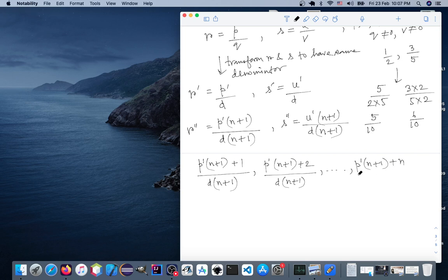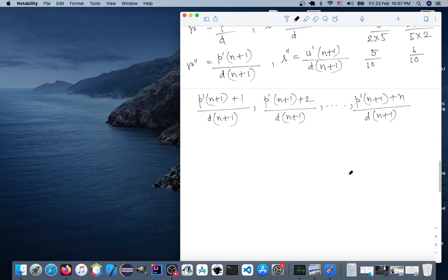Since we have to find n rational numbers, this will be the final n rational numbers between r and s. Now this might look complicated. Let me explain through an example.